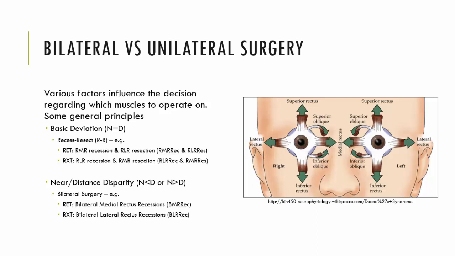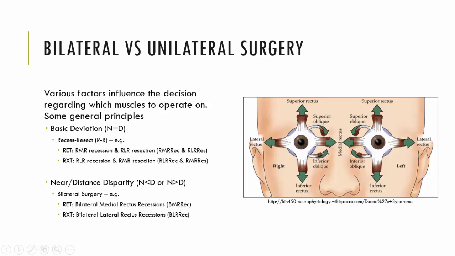The alternative is that we have a deviation with a near distance disparity. So let's say, for example, we have an exodeviation that's greater in the distance. Now, given that the deviation is greater in the distance, we want to have more of an effect in the distance. Which muscles work more in the distance? The lateral recti work more in the distance.